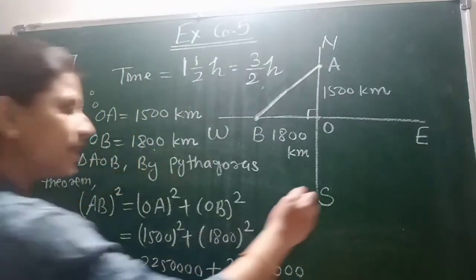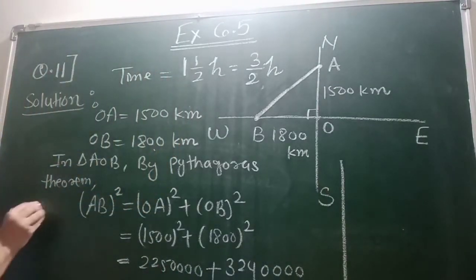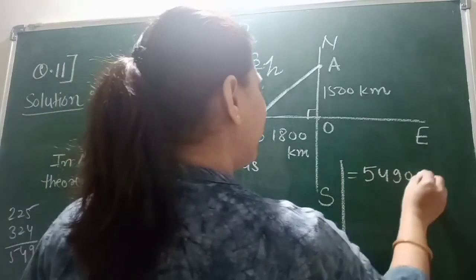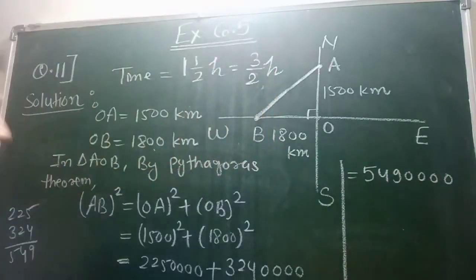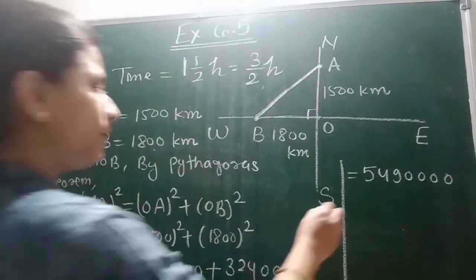Then we will add this, obviously addition. 225, 324, so what we will get? 549 followed by 4 zeros.